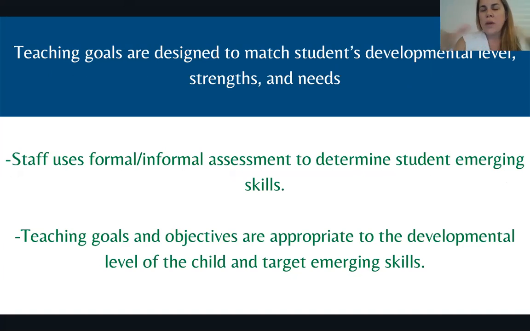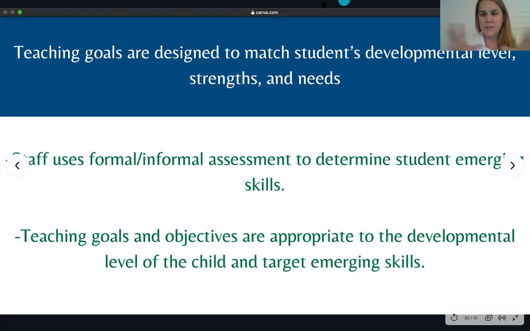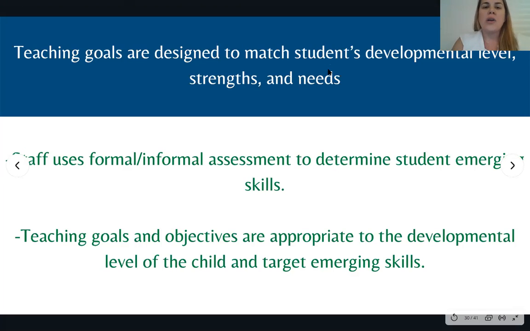So when we first get our students in our classroom, it's almost like we have to get to know them in every single aspect, not only the academic, but the emotional, and how they interact with others. All the assessment that we do, formal and informal, is really going to help us structure the materials and the content that we're going to deliver to the students.